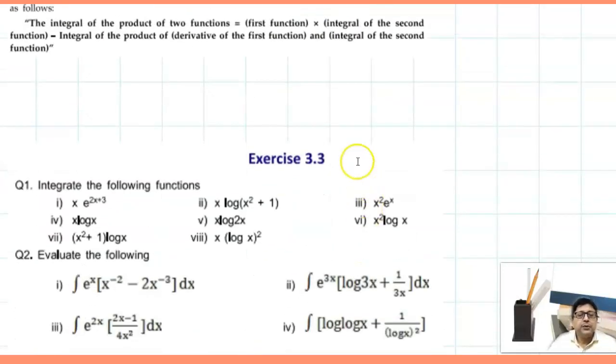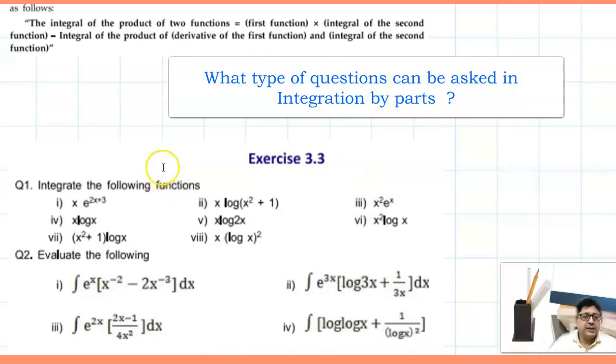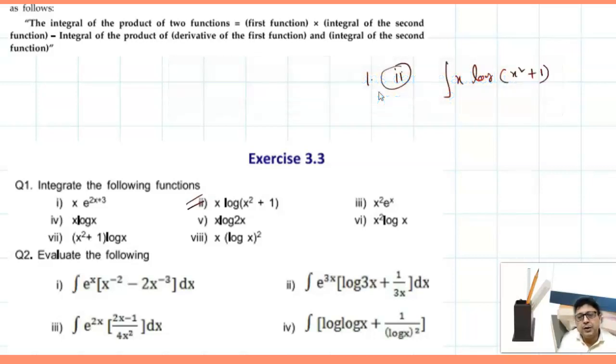Now, when you are doing integration of this form, x into log x, let us start with this. How do we do it? For part 2, it will be x into log of (x square plus 1) dx.